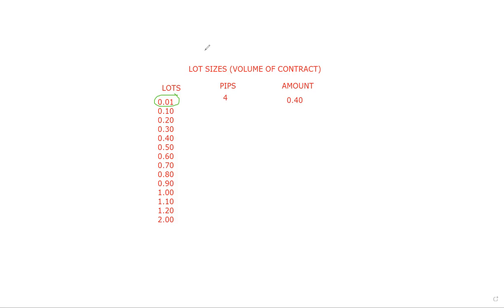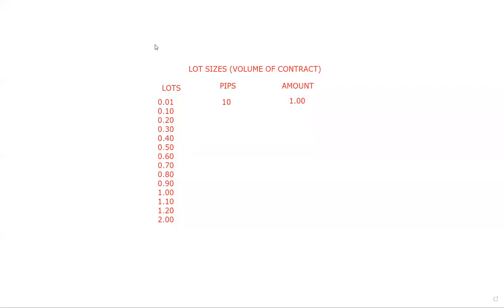So 10 pips with that lot size will give you $1, or you can better say 1.00.